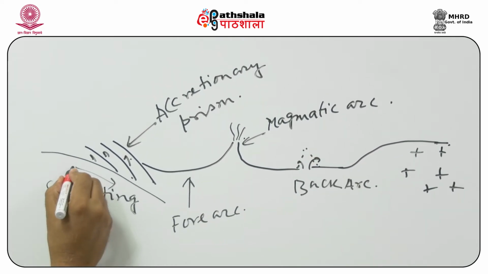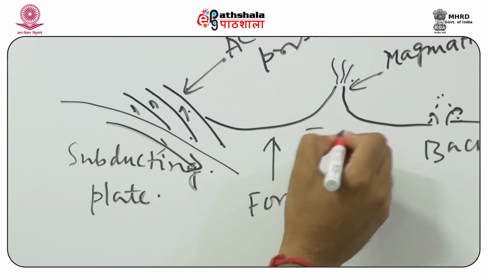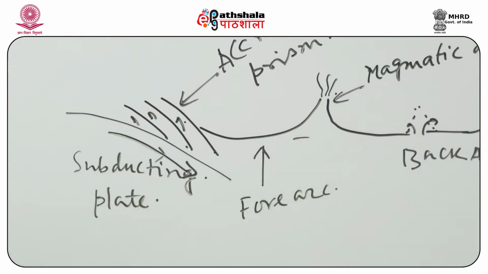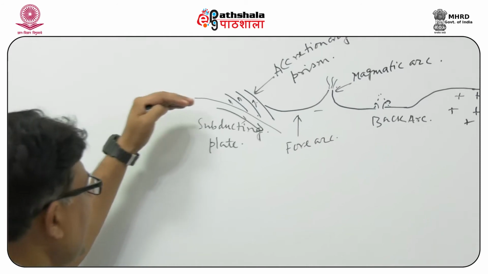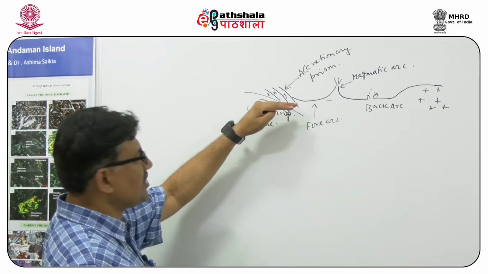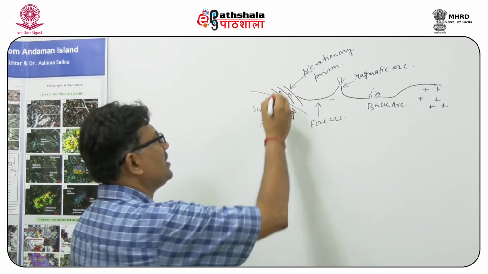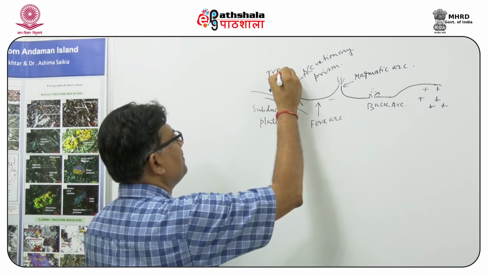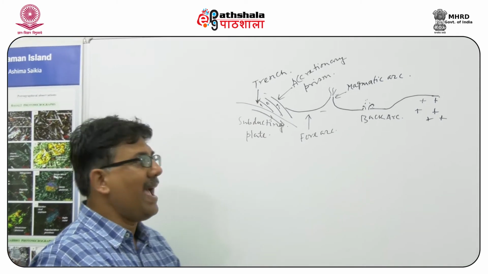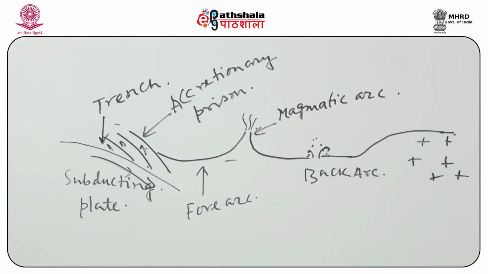Now, the rate of subduction and the rate of convergence of the overriding plate basically control the entire story here. If the rate of subduction is higher than the rate of convergence of the overlying plate, then the trench, this portion that we call the trench, will start rolling back, and there will be extension at the back of the magmatic arc, and we will open the back arc.